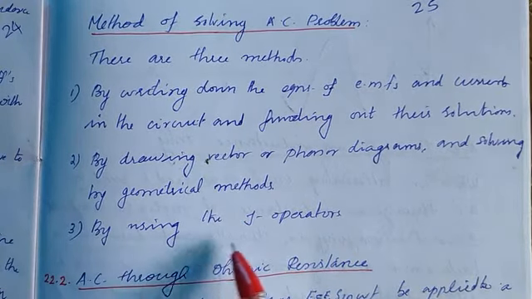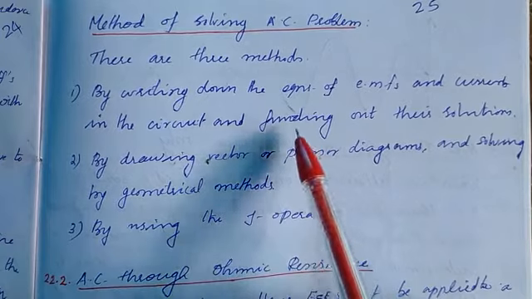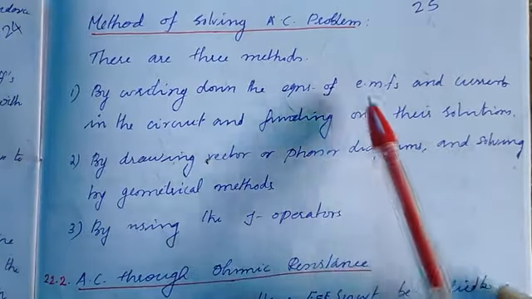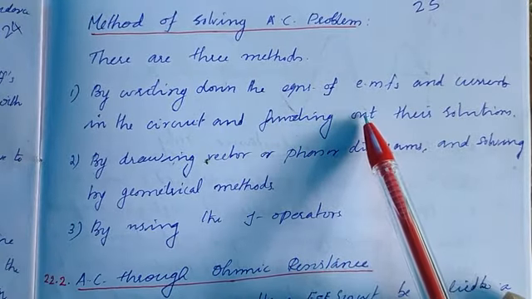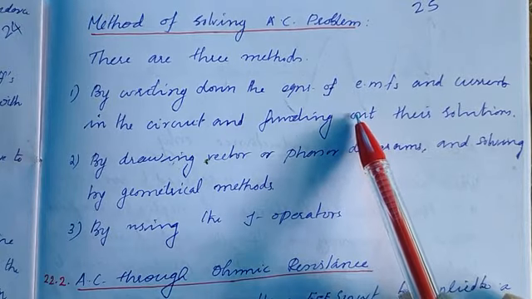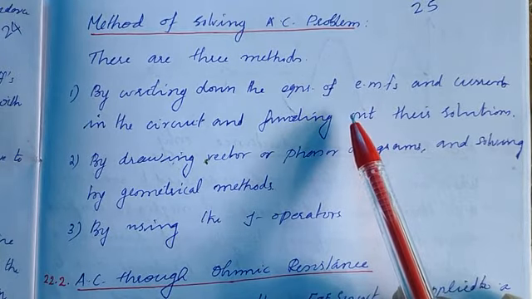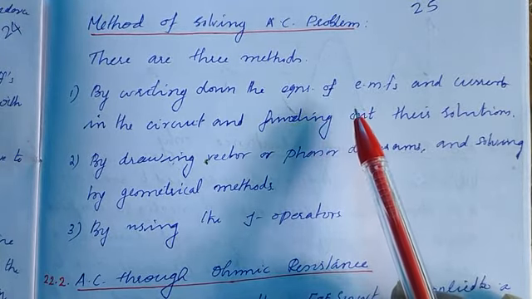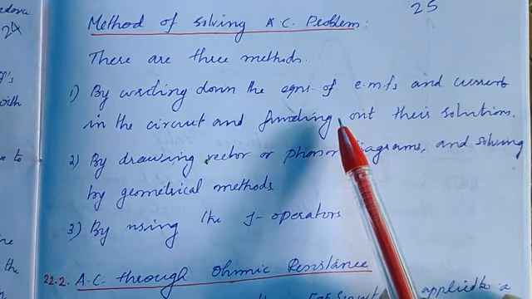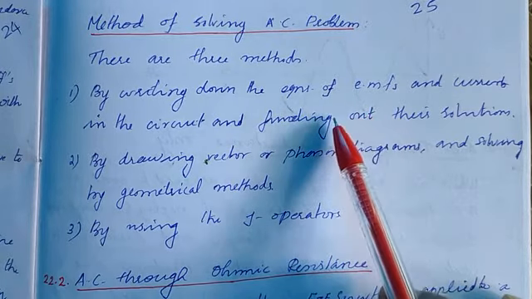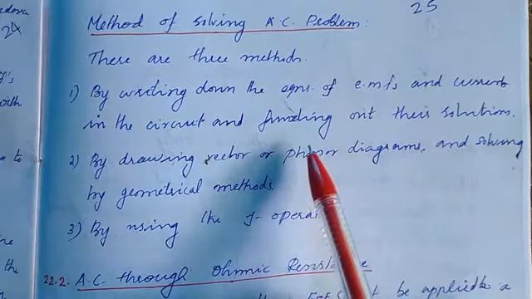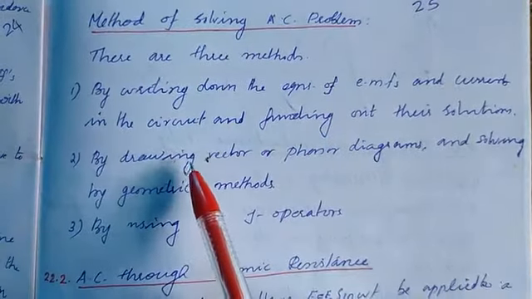And the third method is using the J operators. The first method you have already seen in the DC circuits. What we are doing is finding the instantaneous values of EMFs and currents in the circuit so that we can solve the AC problem.